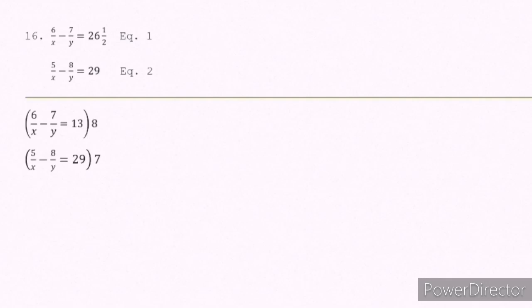Now to transpose, 5 over x is equal to 29 minus 332 divided by 13, and x is equal to 13 over 9. Now we will substitute x and y to equation 2.